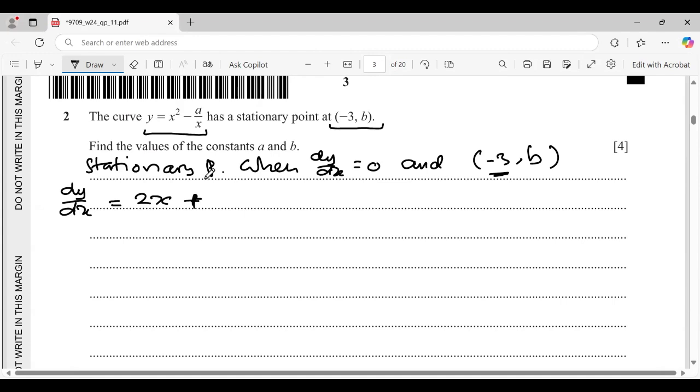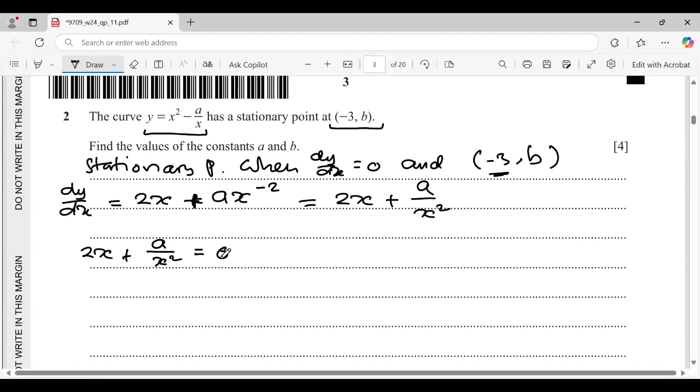So it's going to be positive a x to the power minus 2, or it is 2x plus a over x squared, like this. Right? And after that, set 2x plus a over x squared equals 0.